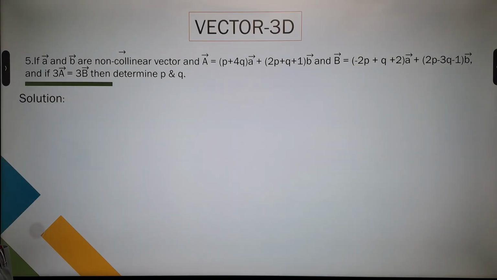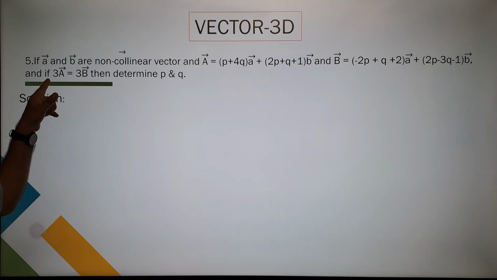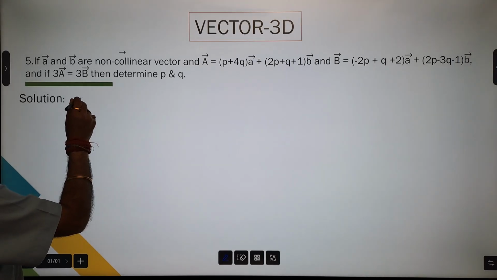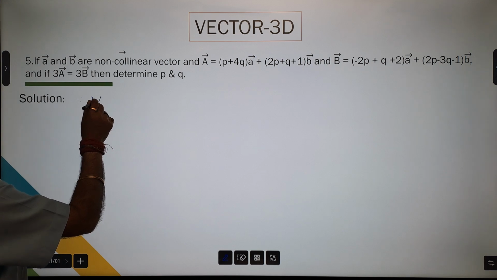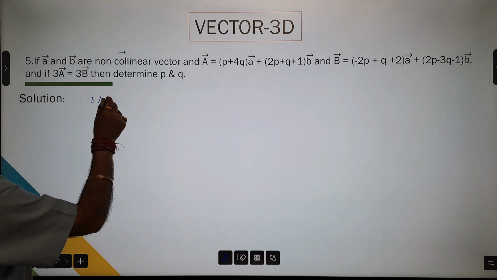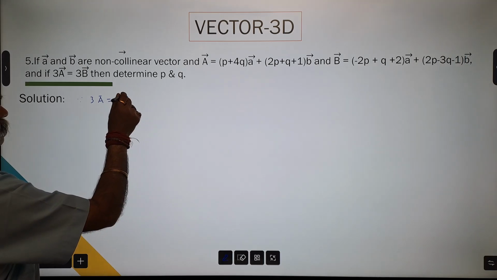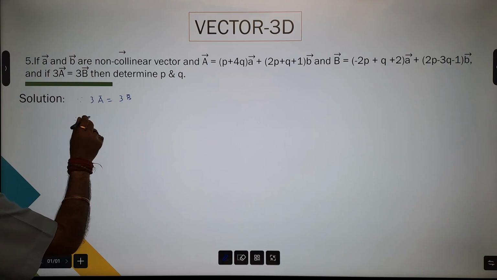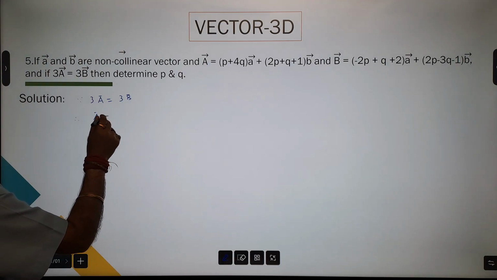If a bar and b bar are non-collinear vectors and capital A bar and capital B bar are two vectors such that 3 times A bar is equal to 3 times B bar, then determine the values of p and q. Since 3A bar is equal to 3B bar, therefore A bar is equal to B bar.